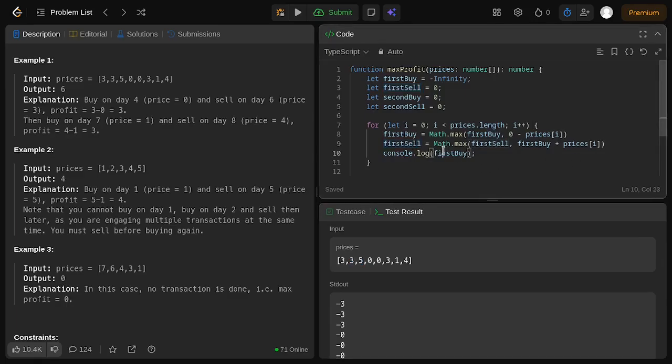So let's declare the console.log using the first one, which is the first buy, and we can just use a template string. Oops, it is supposed to be outside of the $ sign, because we are declaring a variable value inside the template string.